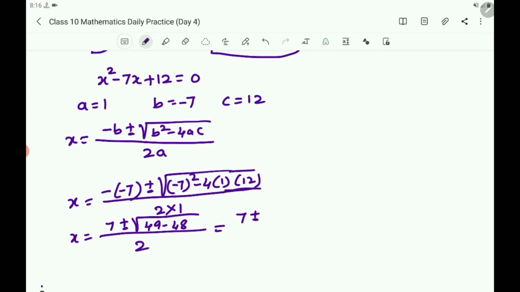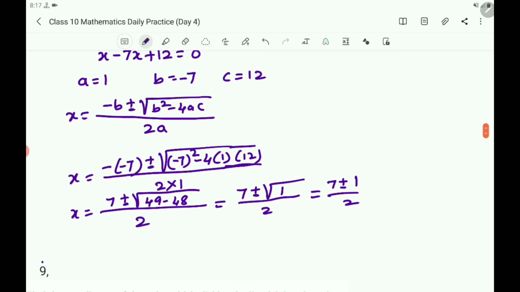minus 48 is 1. So you write square root of 1 divided by 2, that equals 7 plus or minus, what is the value of square root of 1? Square root of 1 is 1 by 2. So you can write x equals, the two roots are 7 plus or minus 1 by 2, which means one root is 7 plus 1 by 2, or x equals 7 minus 1 by 2.